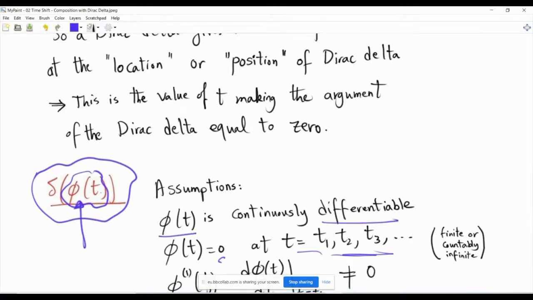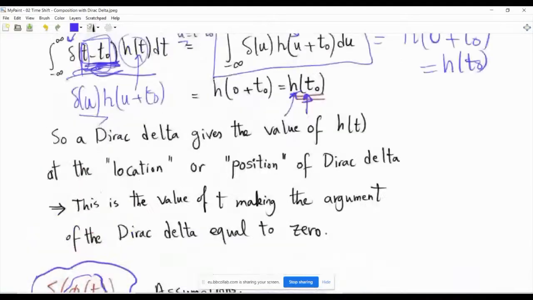And these are the values of t that are important in terms of the Dirac delta. So for example, if the Dirac delta is multiplied by a function and it is integrated, then you get the value of the function evaluated where the argument of the Dirac delta is equal to 0.